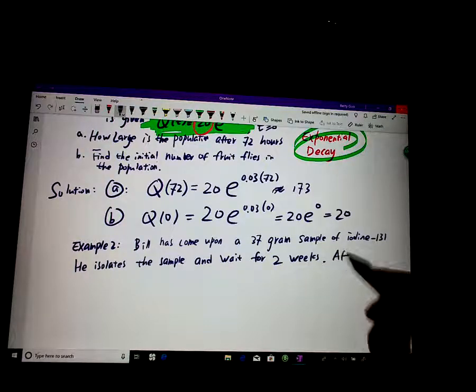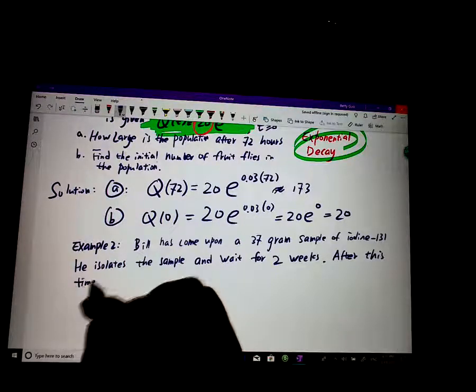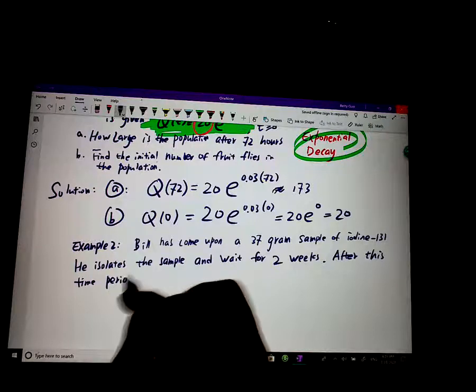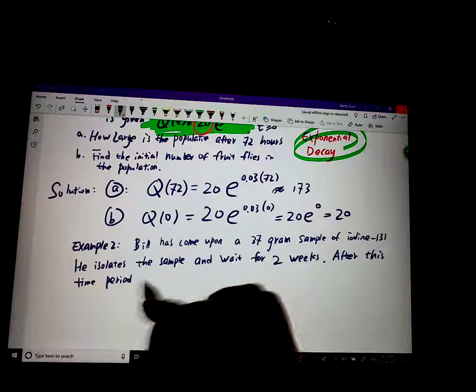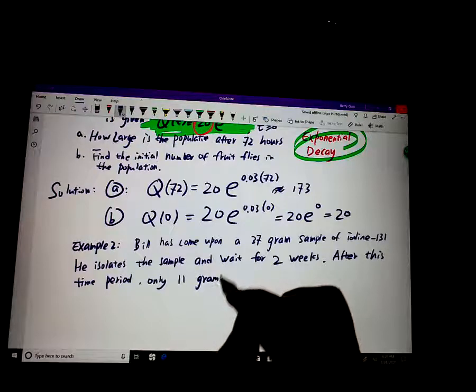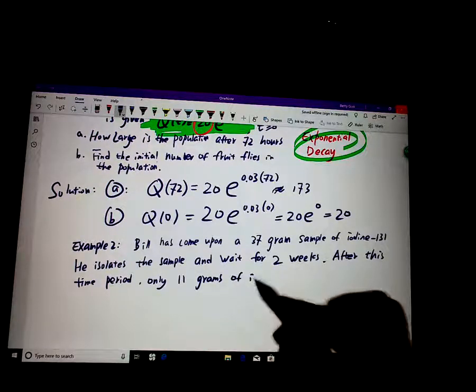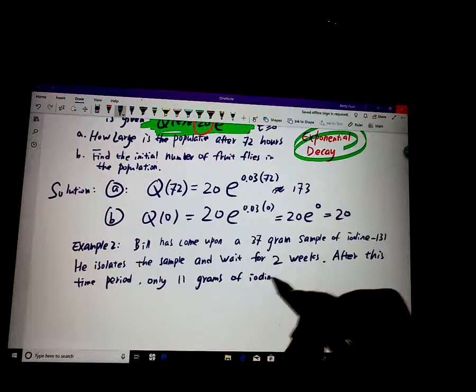After this time period, only 11 grams of iodine remain.